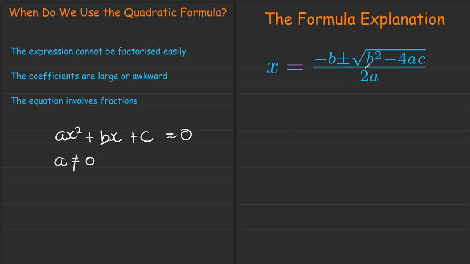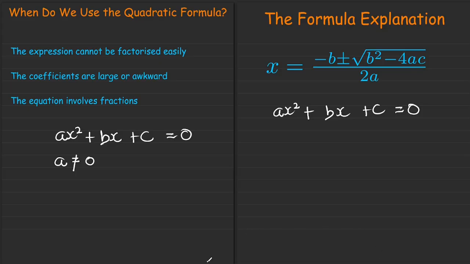Negative b plus or minus the square root of b squared minus 4ac, all over what? 2a. a, b, and c are from the quadratic equation. That is, if you have ax squared plus bx plus c is equal to 0.